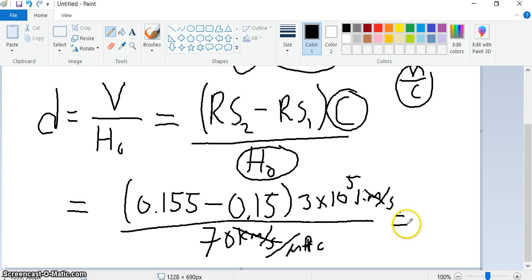Let me write that in a little bit. So you just subtract these two numbers, multiply by the speed of light in kilometers per second, divide by the Hubble constant, and the units are, of course, megaparsecs, because the megaparsecs come up to the numerator.